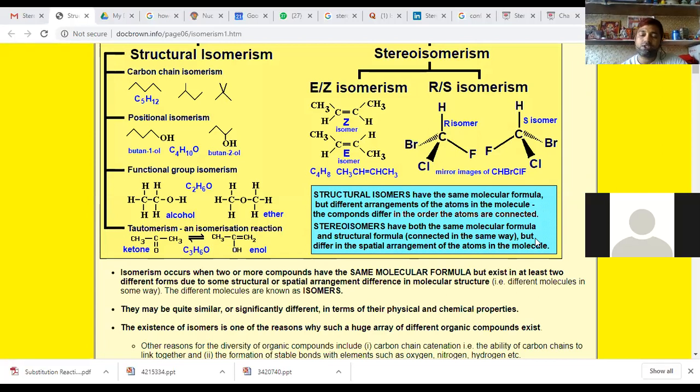Understood? They have the same molecular formula, the same structural formula, but they differ in the spatial arrangement of the atoms in the molecule. So we'll discuss this using a slide.